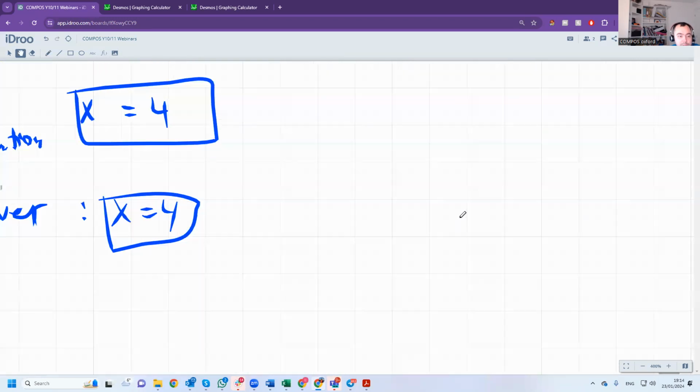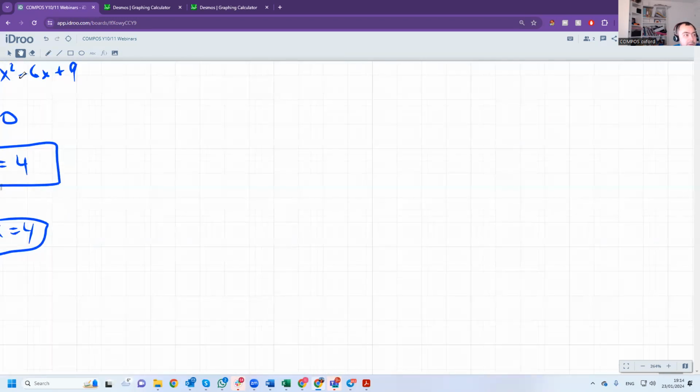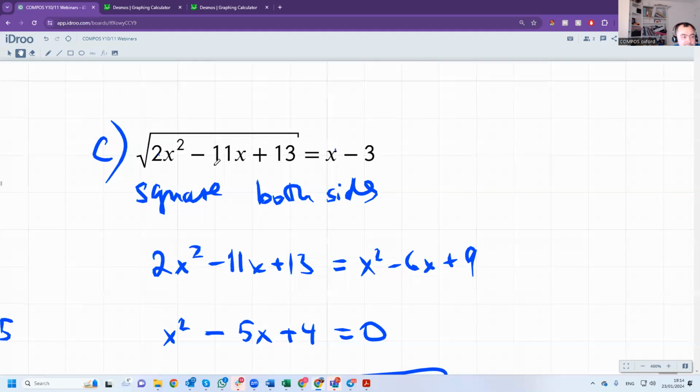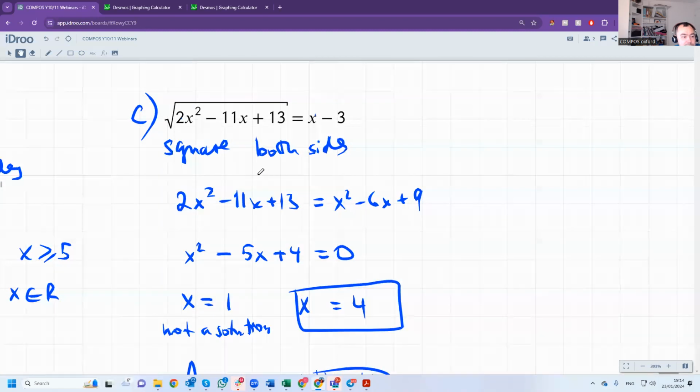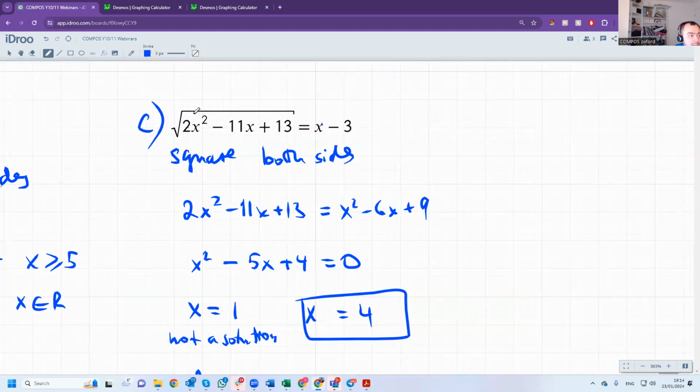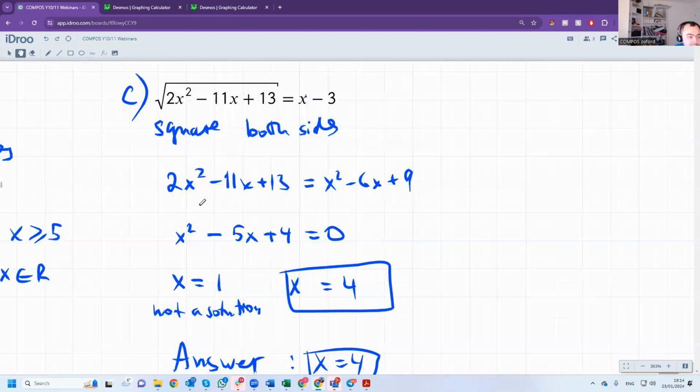The square root cannot be negative. Let's do a sanity check.